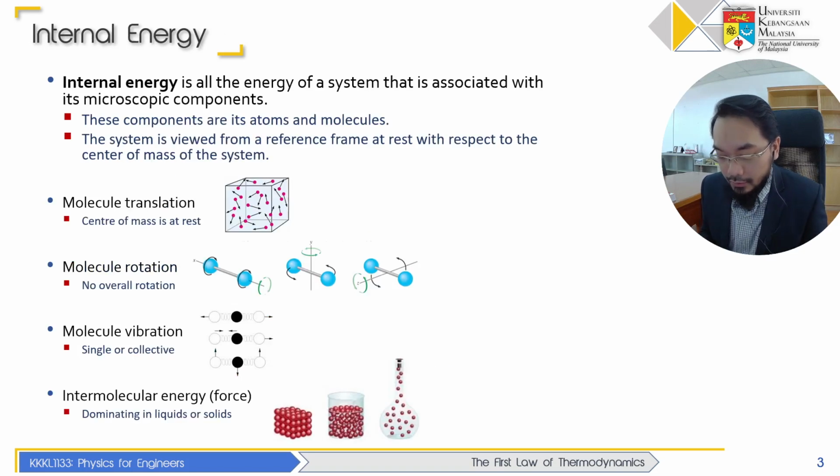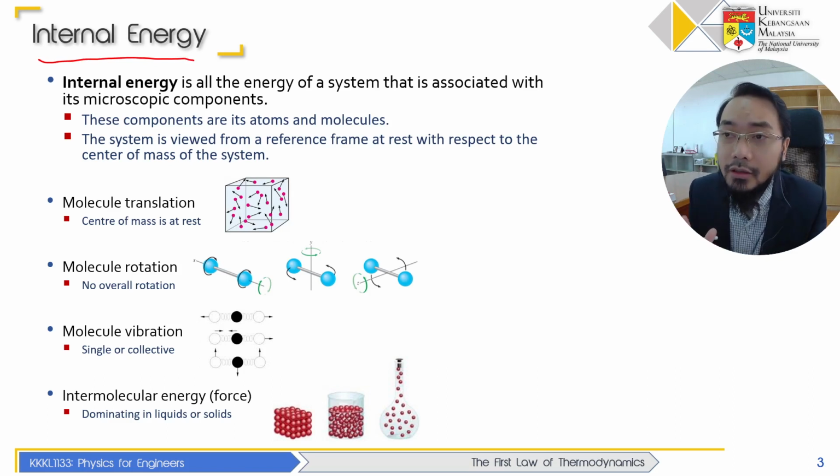Okay, so let's start with understanding a new concept again. This is a new concept that we have not gone into in detail in the last lecture, which is internal energy. So what is internal energy? Internal energy is all the energy of a system that is associated with its microscopic components.